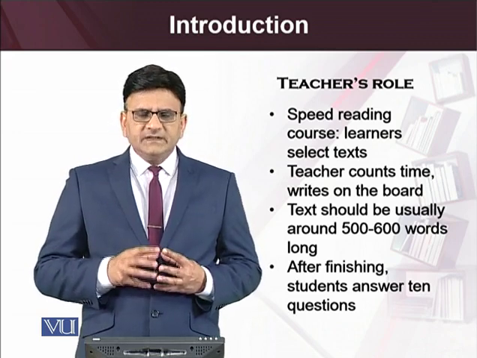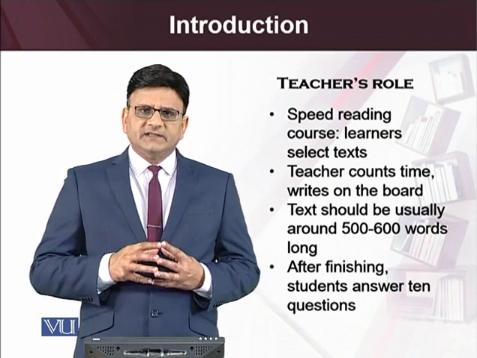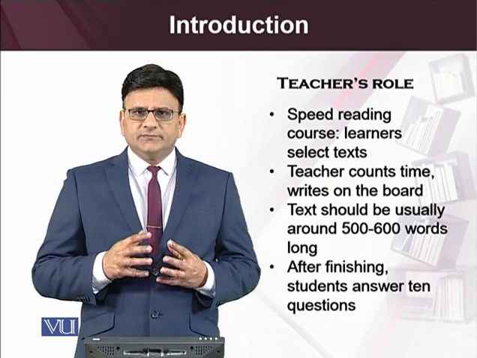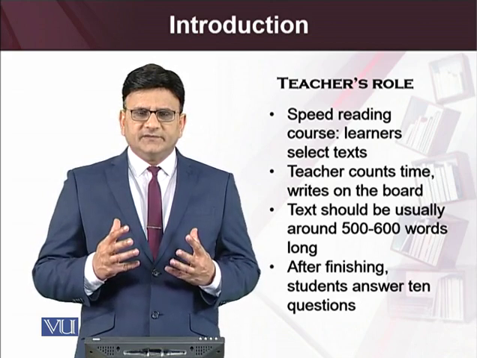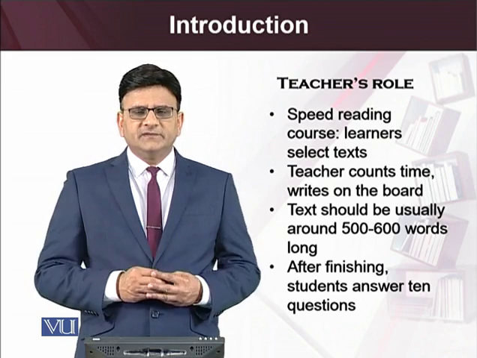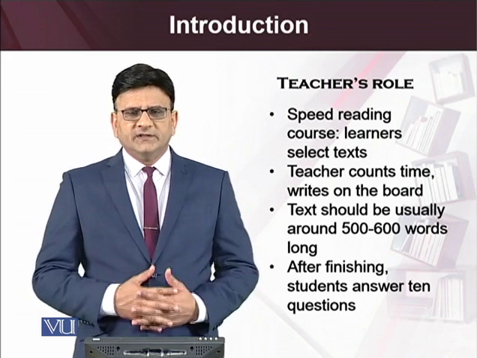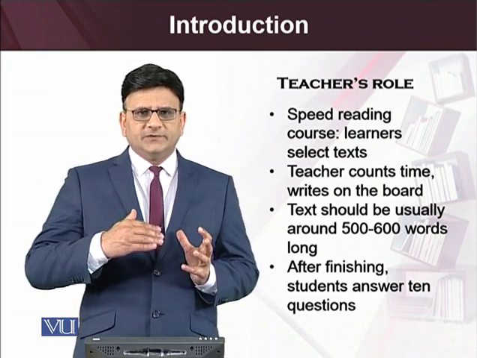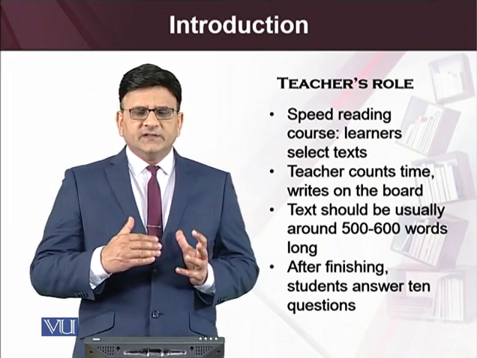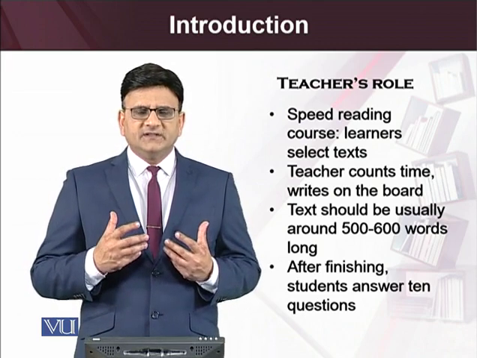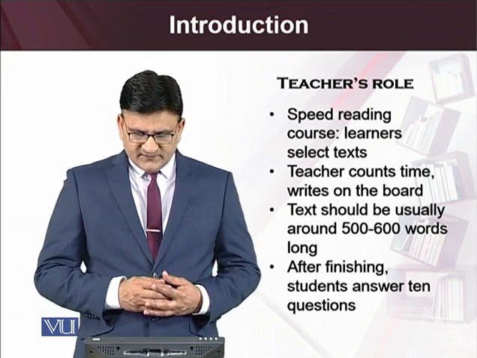It's important that whatever text students choose for learning fast reading, the text should be 500 to 600 words. It shouldn't be longer than that, because a text of that length will develop learners' engagement with the text.